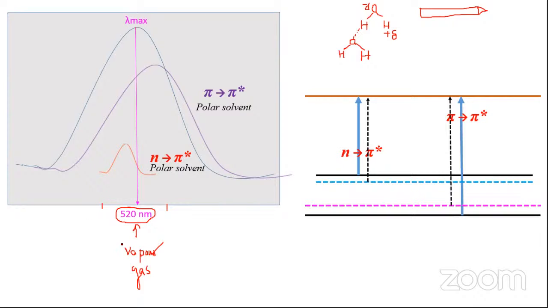Is it clear? However, if your molecule is in vapor state and you're recording its absorbance, then you will see the peak at 520 nanometers. Such spectra are called gas spectra or vapor spectra. This is normally not done with biomolecules, but just for your information, you should know about this.